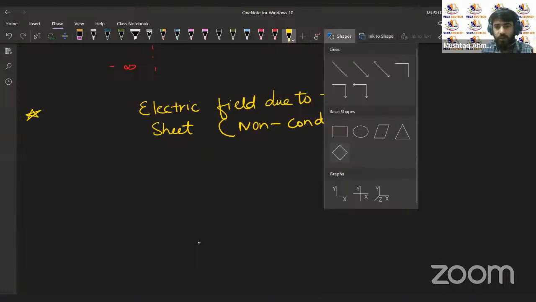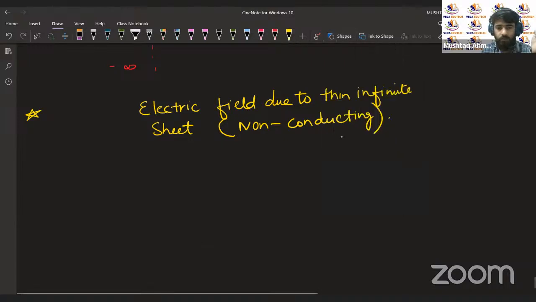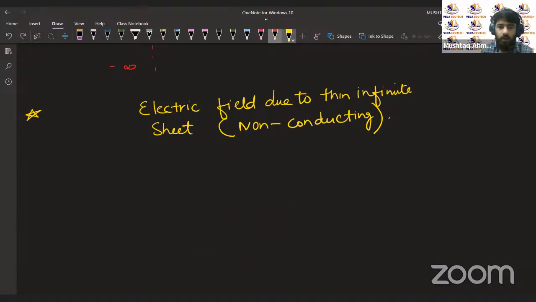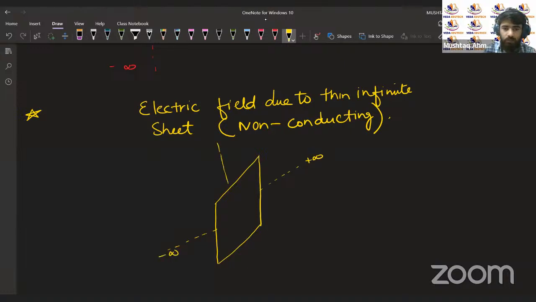Let me draw a thin infinite sheet. Let's suppose this is our thin infinite sheet like this. It goes to infinity in all the directions, right?